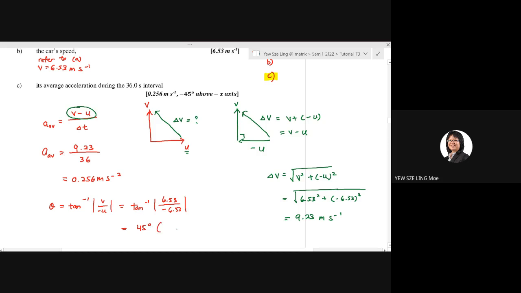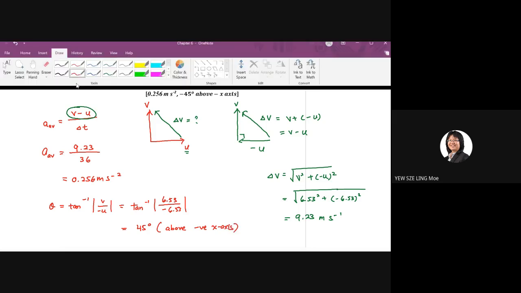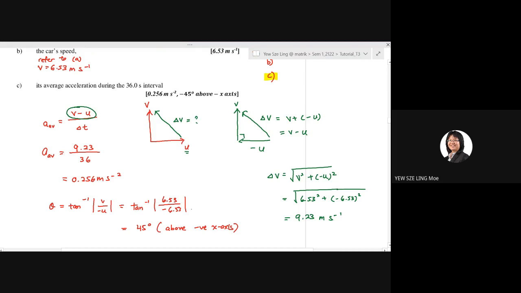This 45 degrees is located above the negative x-axis. How do I know it's above the negative x-axis? Because now I have a negative x component and then a positive y component. So negative x, positive y gives you the second quadrant. Second quadrant tells you that it's above the negative x-axis. So this 45 degrees is located in the second quadrant.